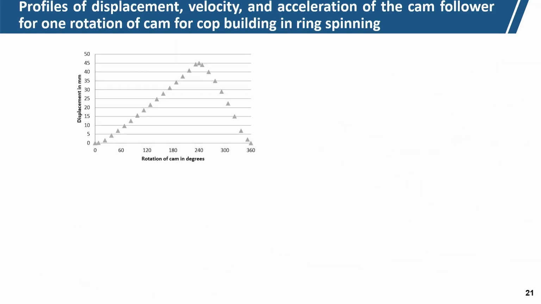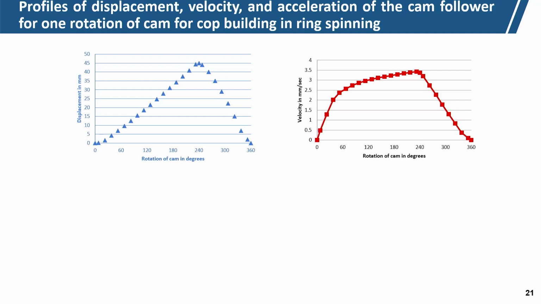Now, we can see from this curve, this is the displacement profile from 0 degree to 360 degree. It is increasing up to 240 degree, which is the maximum displacement, so it is moving upward slowly up to 240 degree.